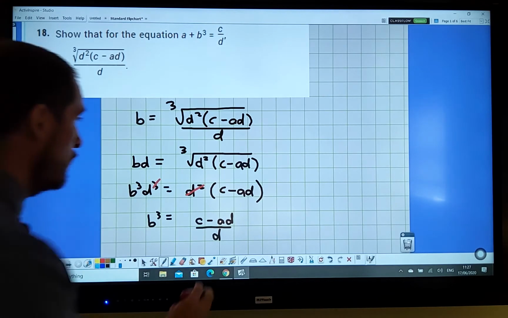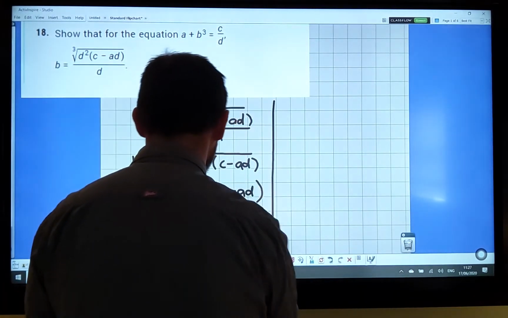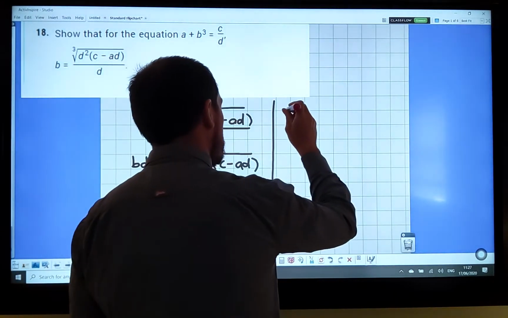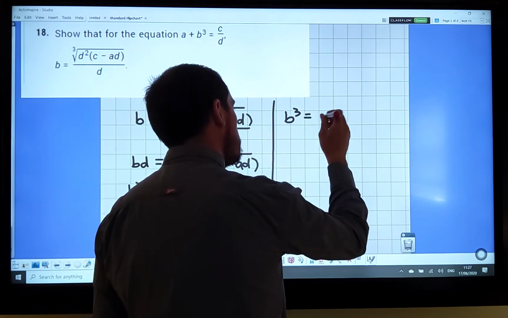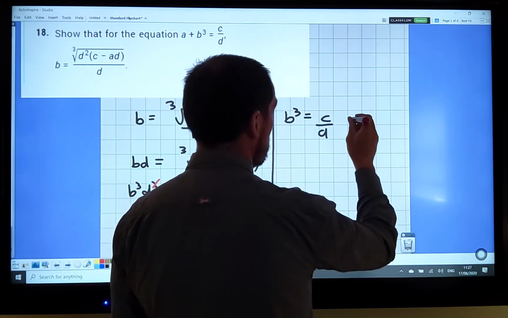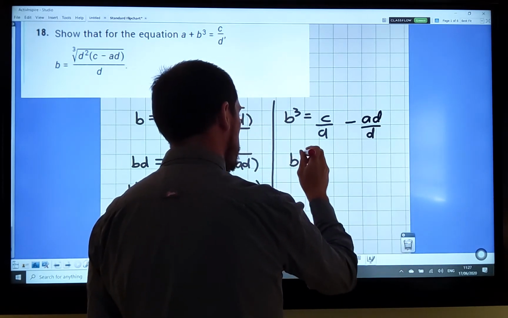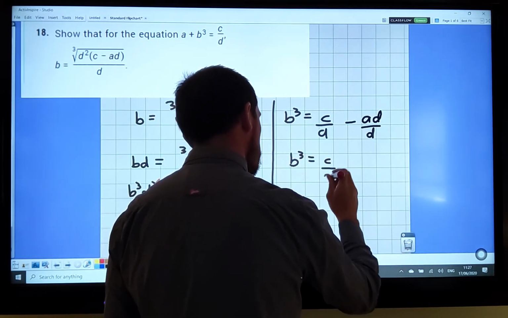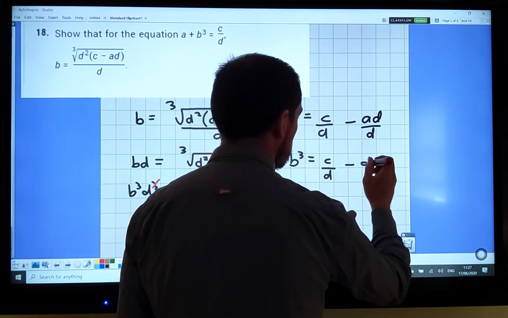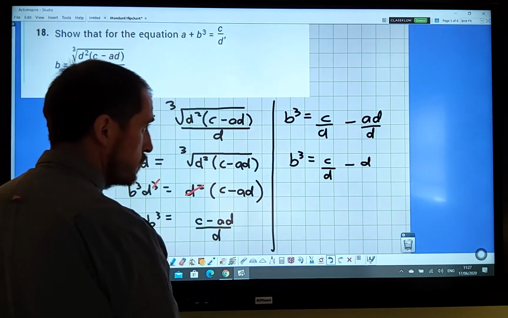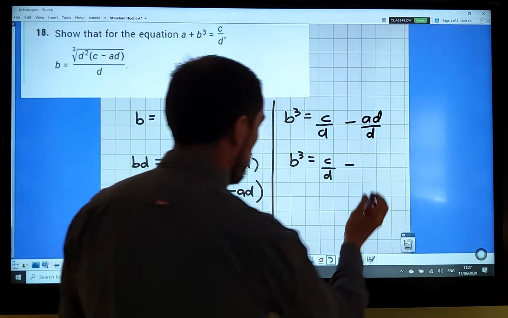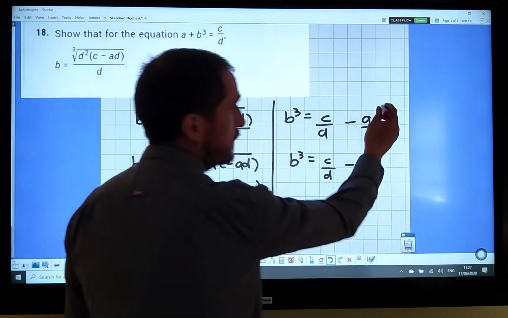Okay, now we'll just move this up here, we'll go to our next step. So I can then also say that b cubed is equal to c over d minus ad over d. So b cubed is equal to c over d minus a. Sorry, I confused my writing there. Minus a, because the d's cancel.